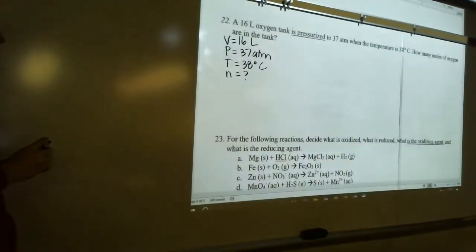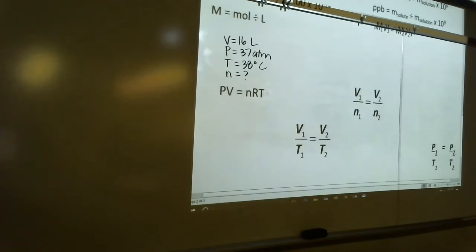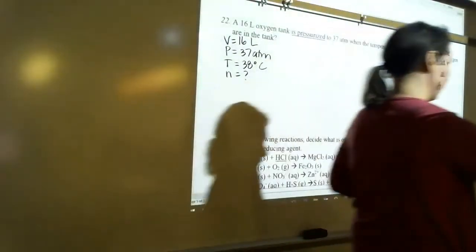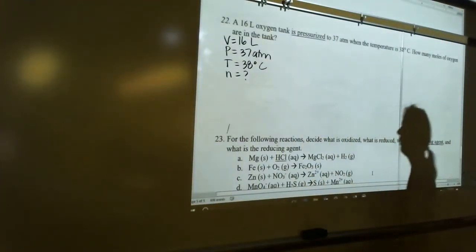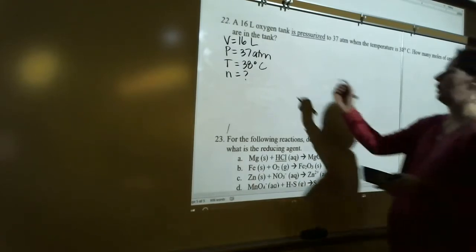What is it? Which gas law doesn't have a before and after? The ideal gas law. PV equals nRT. So we have to do a little bit of converting. All right, what's 38 degrees Celsius in Kelvin? Plus 273 gives me 311.